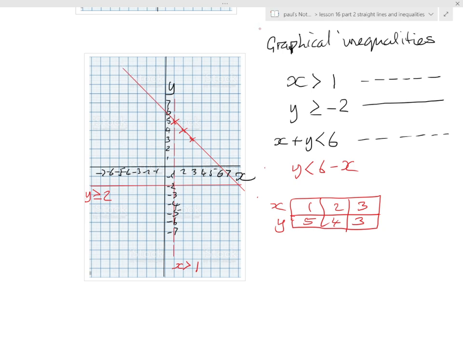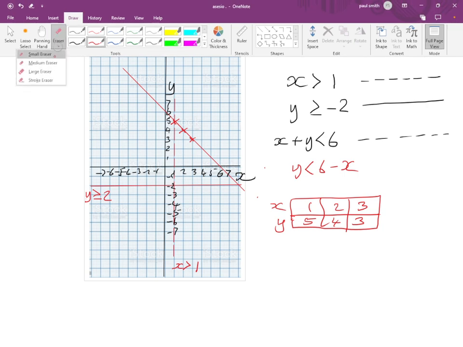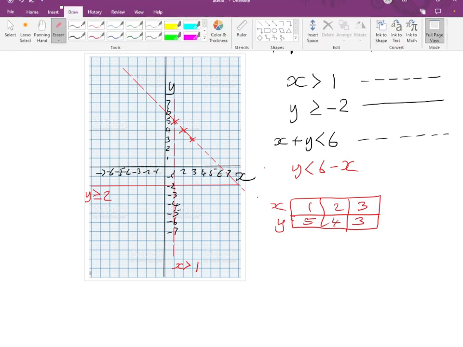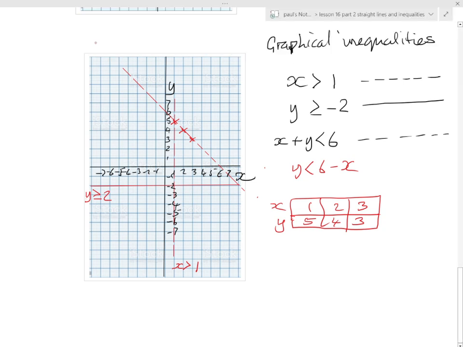And this again has got to be a dashed line. Okay, so there's our dashed line. Don't go too far. Okay, so label up the line, which is x plus y is less than 6.